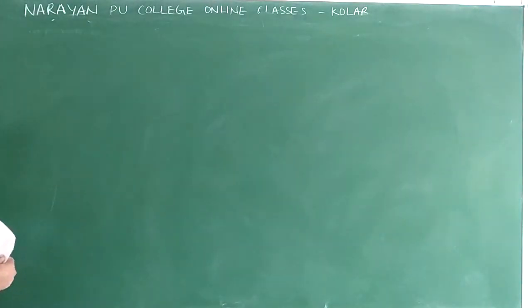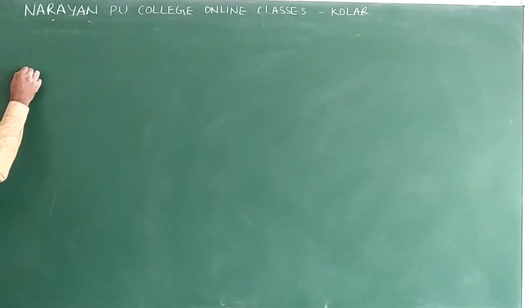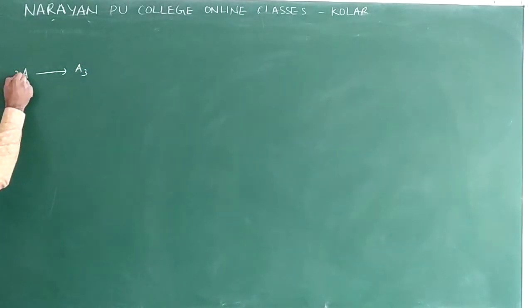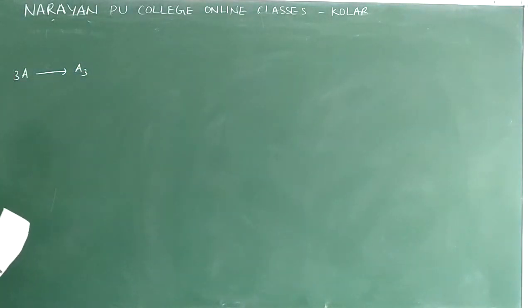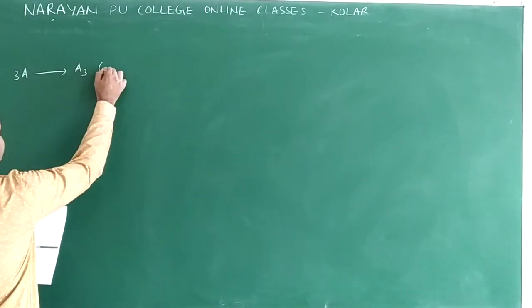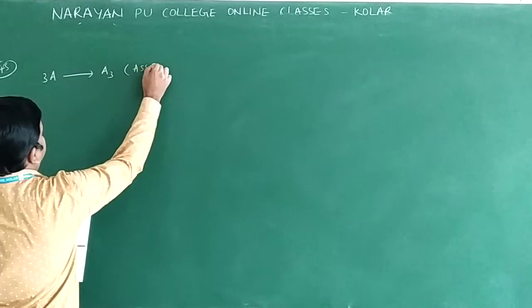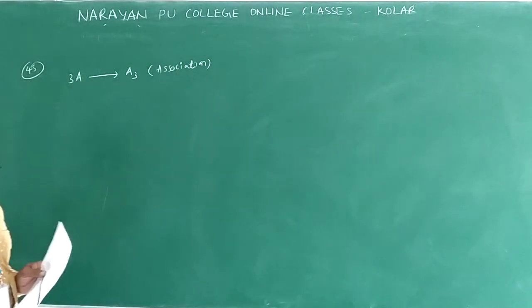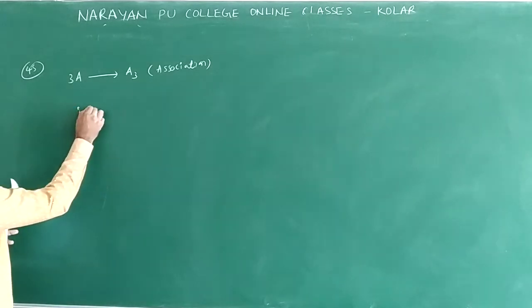Suppose you balance it: 3A gives rise to A3. So this is association. They are asking for the van't Hoff factor i.